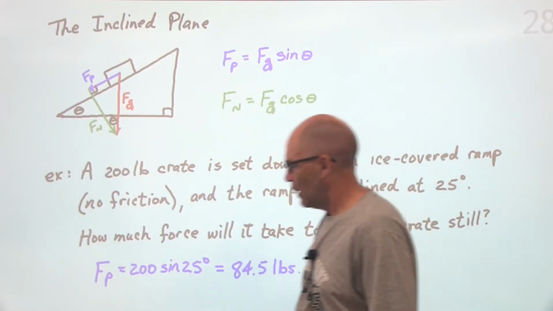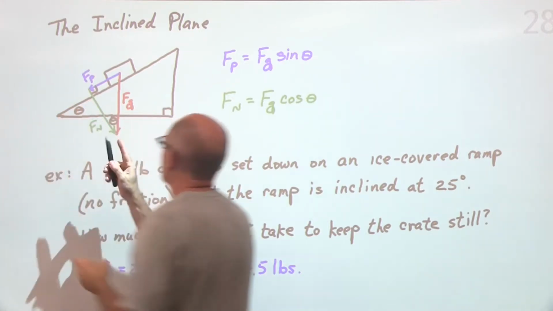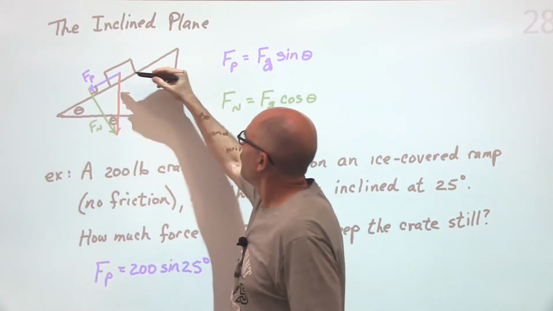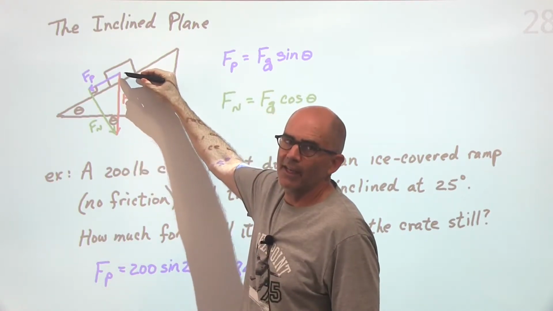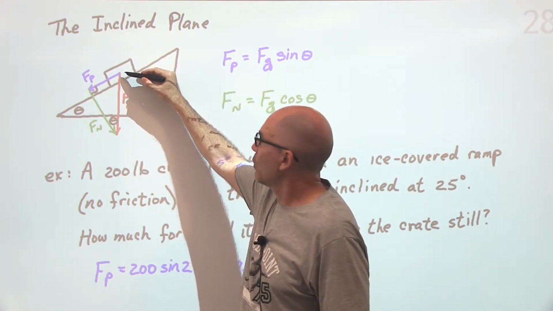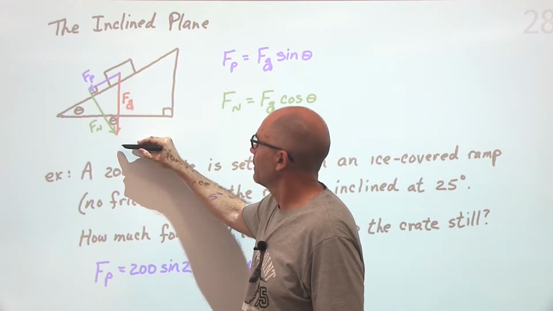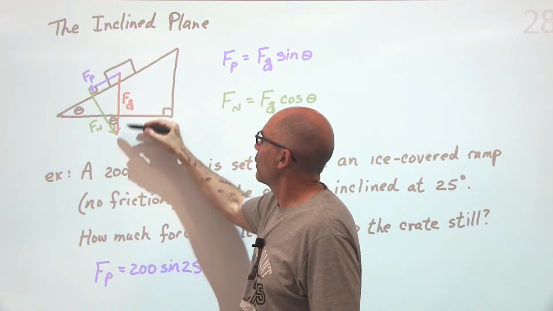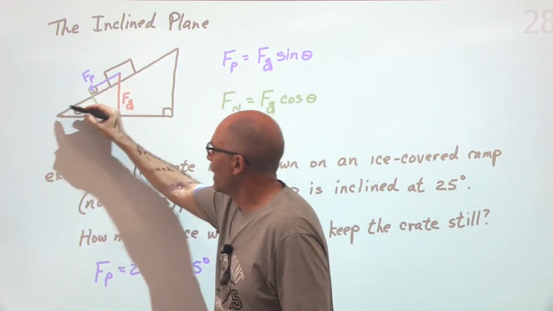Now, notice the forces involved here. First, we have the red force, which is the force of gravity on the crate. Gravity is going straight down toward the center of the earth. The second force is a force going down the ramp.